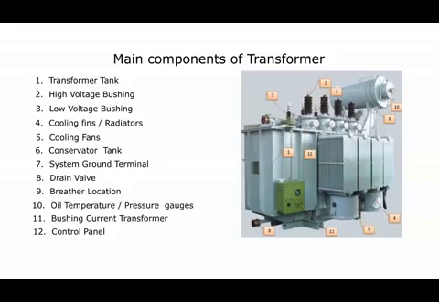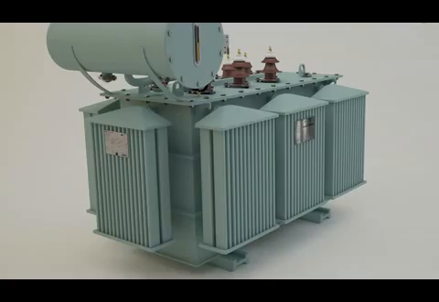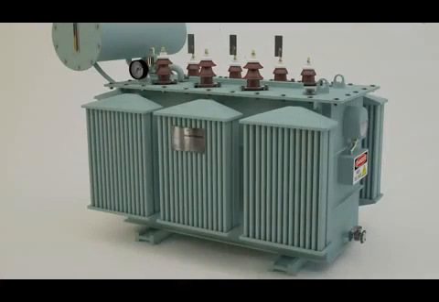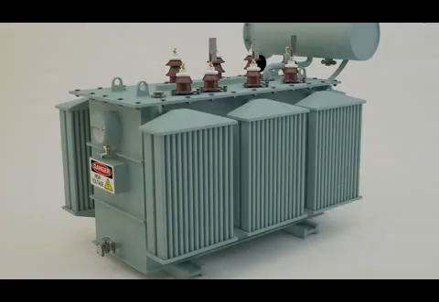Control panels are very useful, especially when a remote control house is needed to be constructed. This will serve as the connection point. This is the 3D view of a transformer for better understanding and clarity of concept.